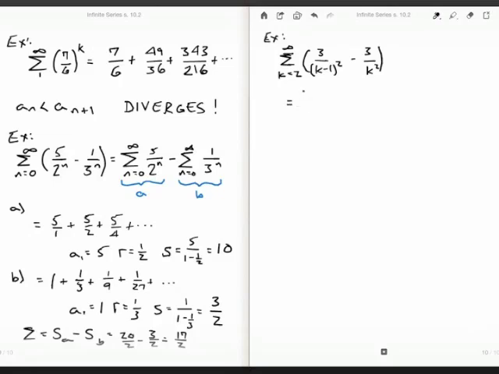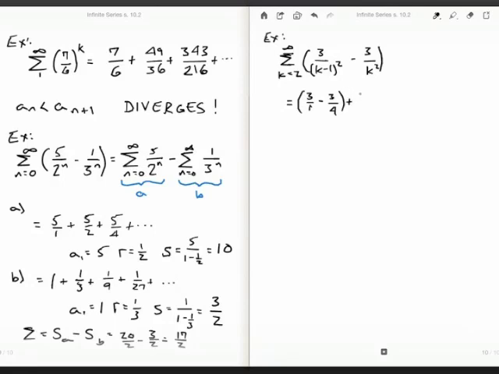So if I start at 2, this will become 3 over 1 squared, which is just 1. And then this one will be 3 over k squared, which is 3/4. Is that right? Yeah, okay. And then the next one, so I'm going up to 3.